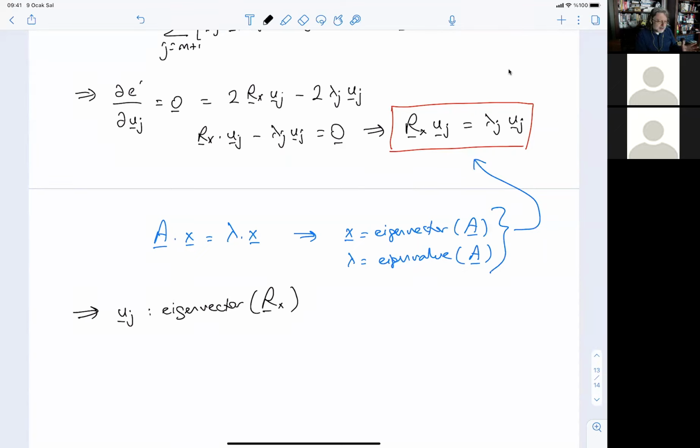If they are not normalized, you may want to just divide the eigenvector by the norm of the eigenvector, and it will be normalized. The fascinating thing is that these eigenvectors automatically will become orthogonal to one another. So one eigenvector of this Toeplitz matrix Rx is orthogonal to another eigenvector of Rx.